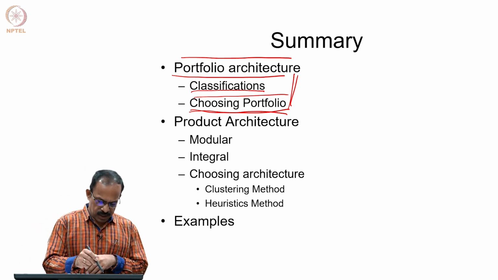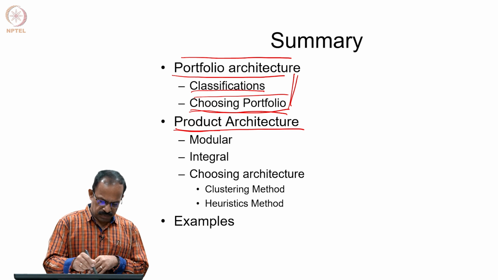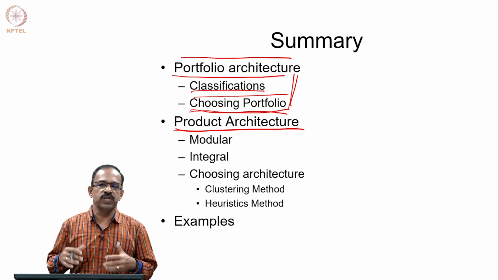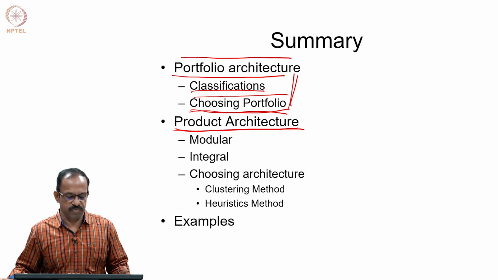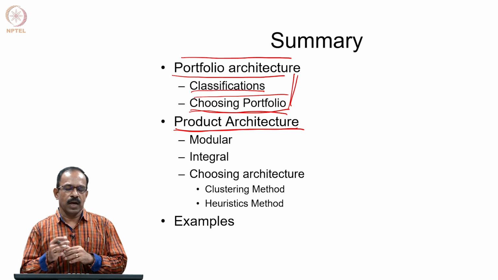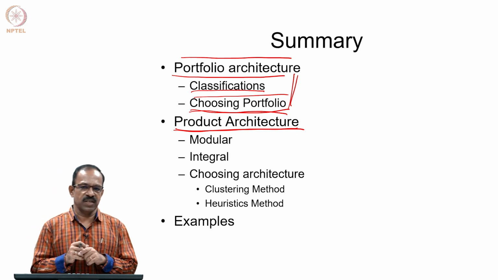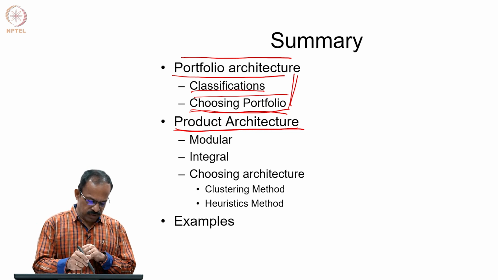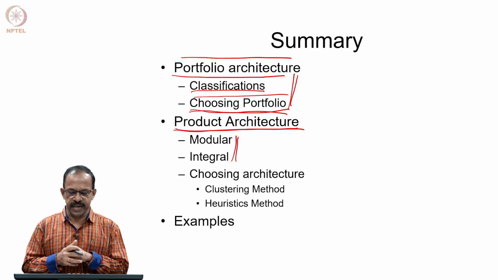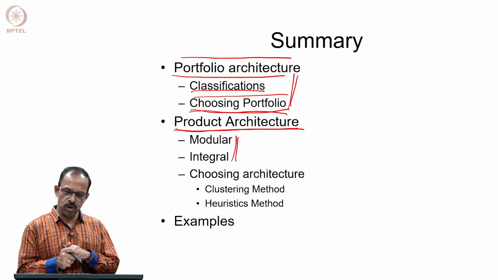And then we talked about the product architecture. The product architecture is how an individual product's architecture can be identified. So, how do we convert those functional blocks into physical chunks, and how these chunks can provide the necessary functions. And here also we identified two important architectures. One is the integral one, the other one is the modular one.